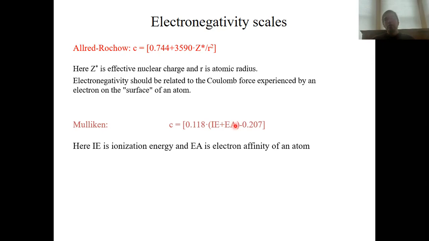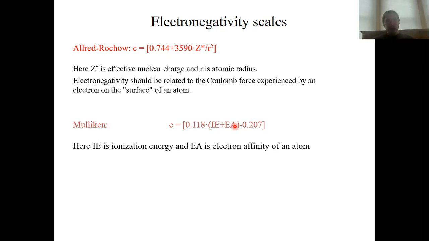And if its electron affinity is higher, meaning that it has a high affinity to attract electrons to a neutral atom in the gas phase, then this will also translate to an electron within a chemical bond.